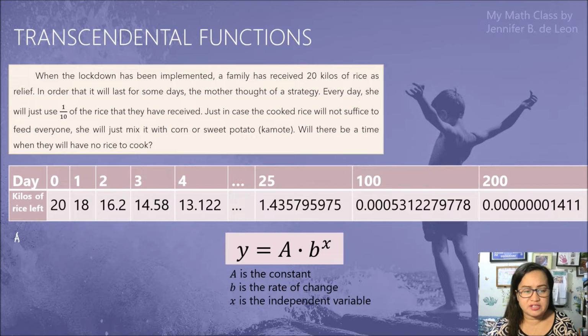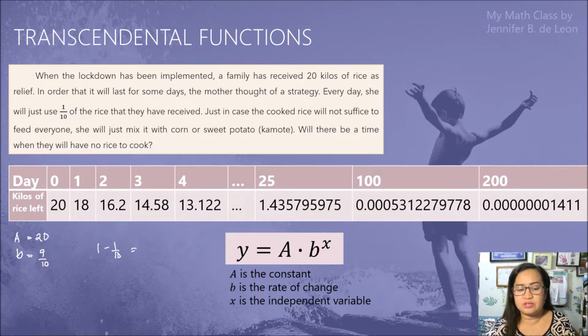Now in this particular situation, let's identify the given. The constant is 20, whereas the rate of change is 9/10. Since we are after the number of kilos of rice left, how did we get 9/10? That is 1 minus 1/10, the number of kilos of rice being cooked every day.